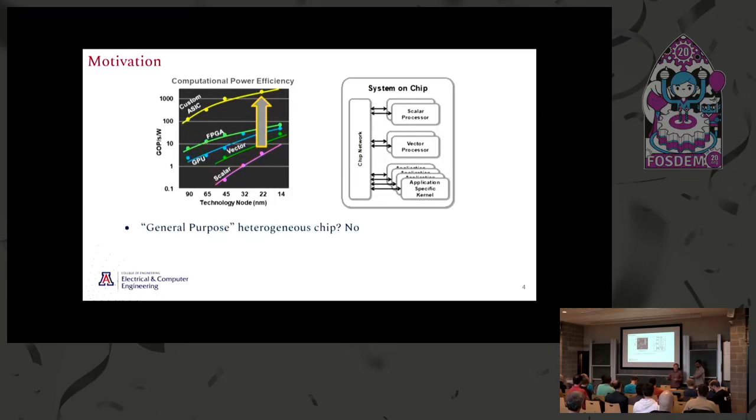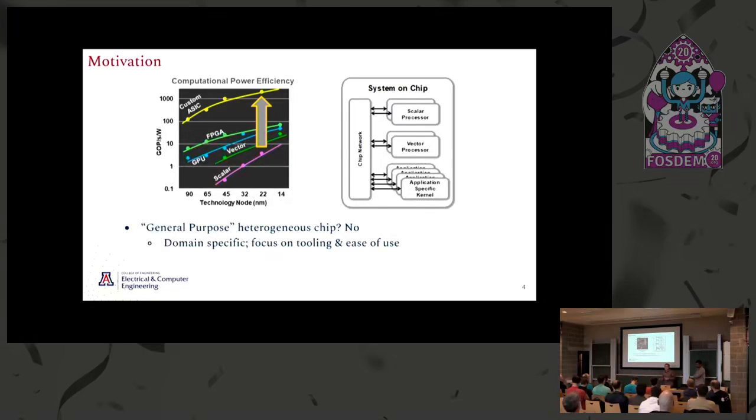So we're not trying to do a general purpose heterogeneous chip. We're trying to take a domain of applications like signal processing and see if, by restricting the set of applications you're using, you can come up with some new clever optimizations on how you then build for that chip.